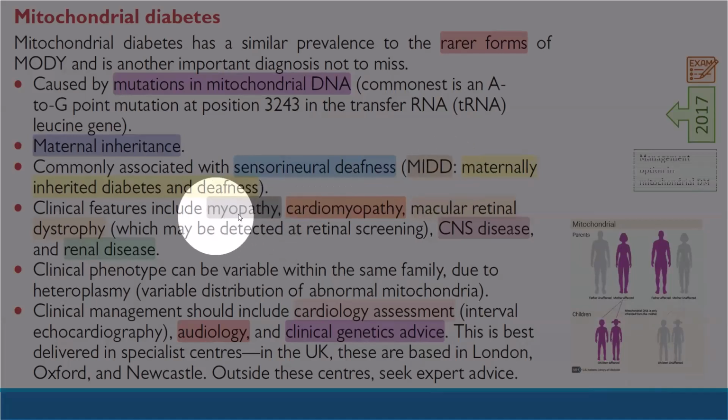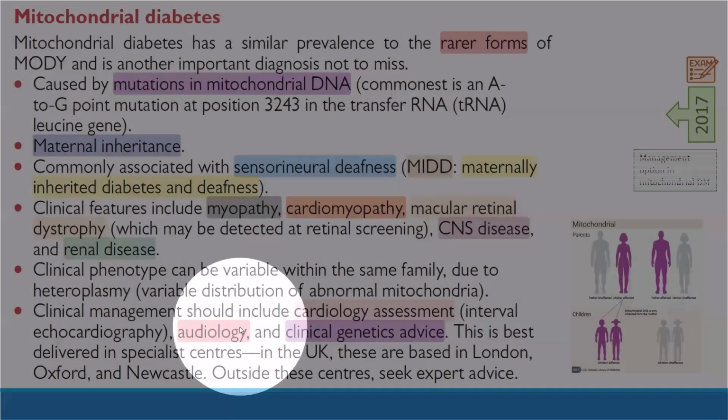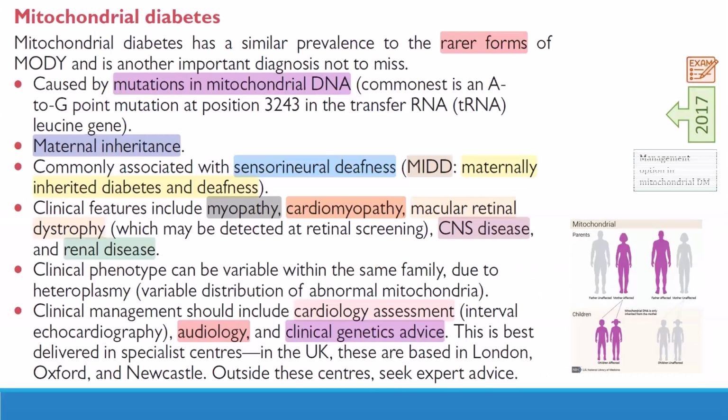It is usually associated with myopathy, cardiomyopathy, macular retinal dystrophy, CNS disease, and renal disease. Clinical management should include cardiology assessment with interval echocardiography and audiology, which is very important and was repeated in the previous exam.